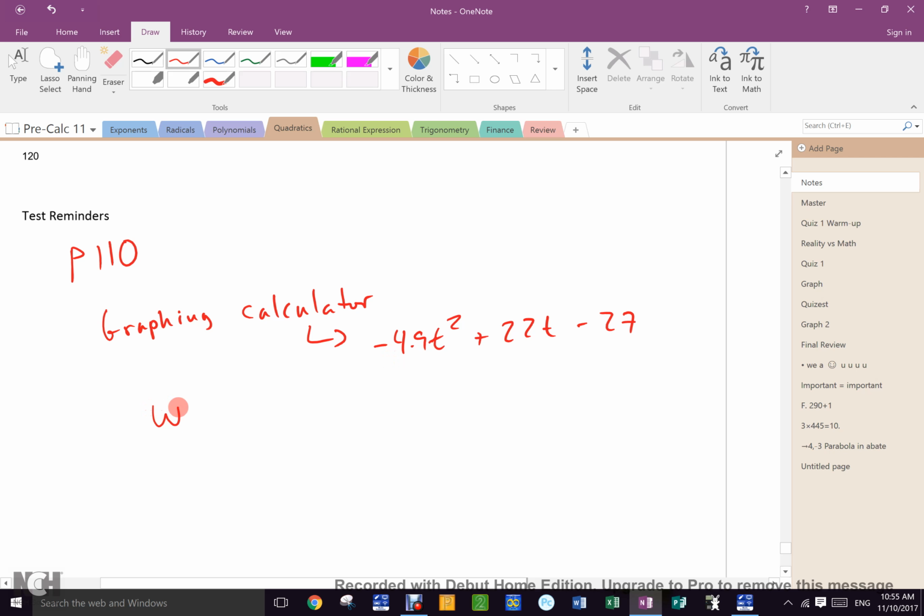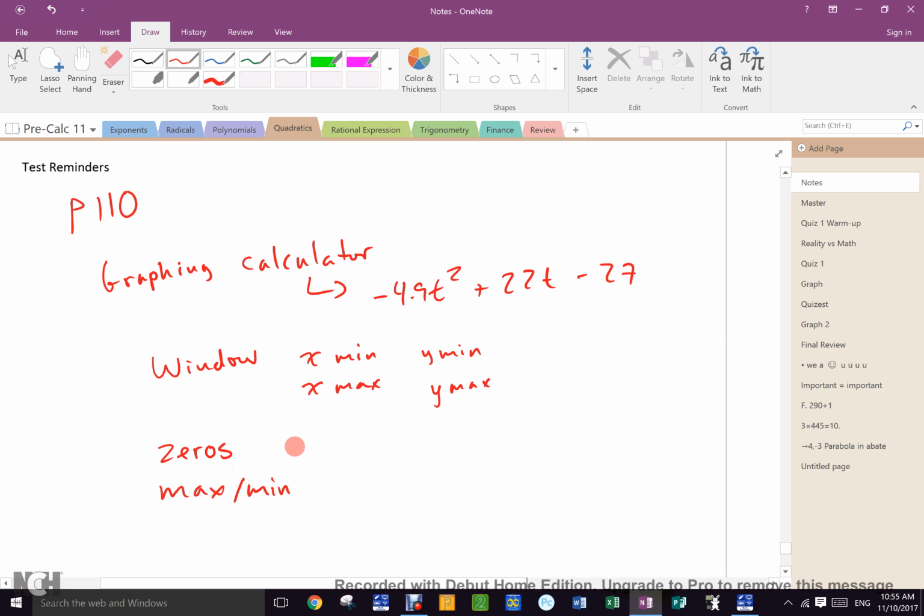On your graphing calculator, you need to know window, x min, x max, y min, y max. You want to be able to know how to find zeros. You want to be able to know how to find maximum, minimum. Where do I find all of that? That's all in second calc.